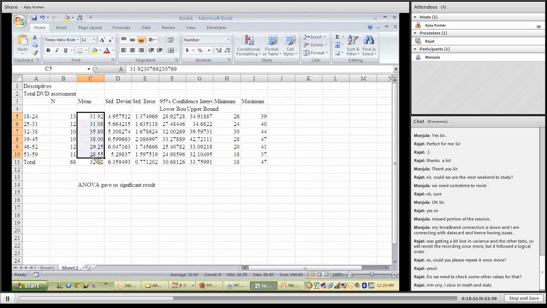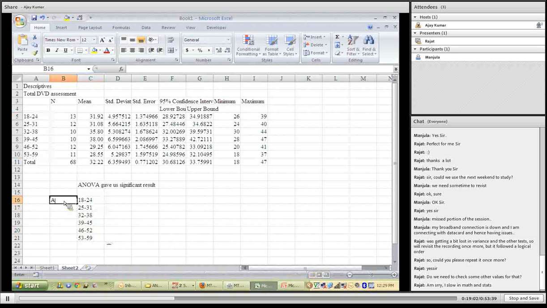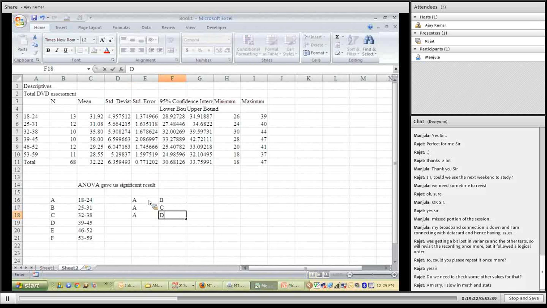Now what? Can it be the case that, if I take this thing here, I call it A, B, C, D, E and F? So I have these 6 groups. The combinations which I can make out of it are A with B, A with C, A with D, A with E, and A with F, right?